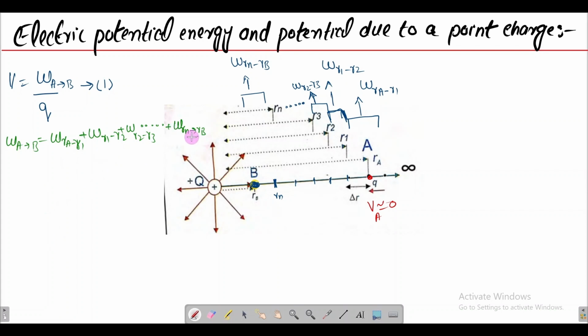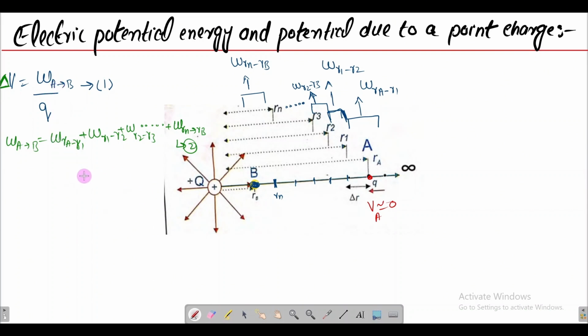This is equation 2. Now we will find the work done from RA to R1, then the next, and then the next, and we'll add all these, and then we will find the work done from RA to RB, and then we will put that here and take the required result.